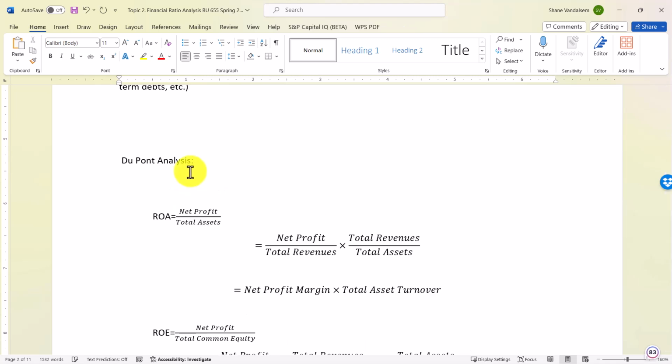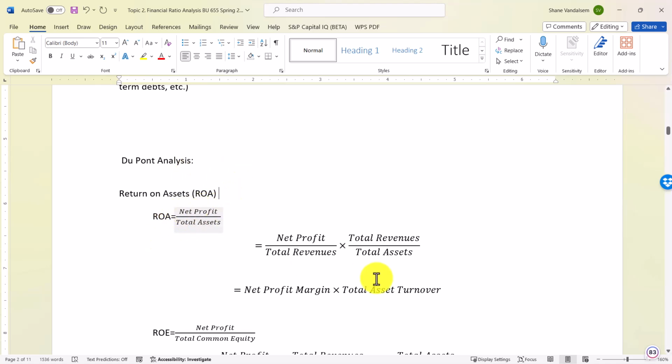And different textbooks or different teachers are going to look at this a little bit differently. You can break down what's called the DuPont analysis into very small, intricate details. We're not going to do that in here. We're just going to look at the big segments of this number.